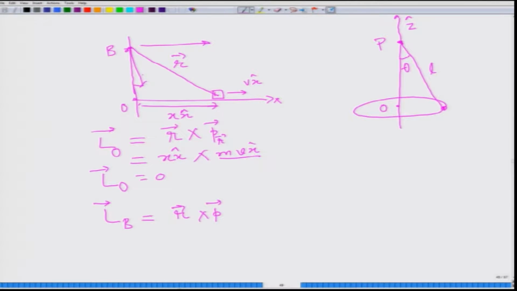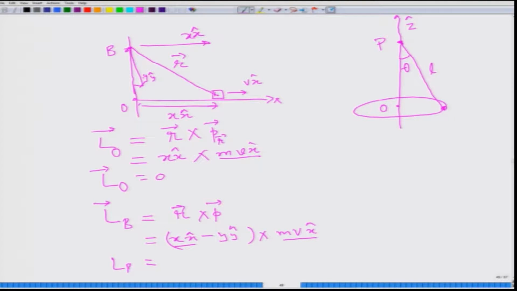Let us call it y prime. So this will be minus because it is in the negative direction. Here it is x hat. So you can write it like x hat minus y hat cross mv x hat, and it turns out that the x hat cross product is 0, as we have seen earlier.